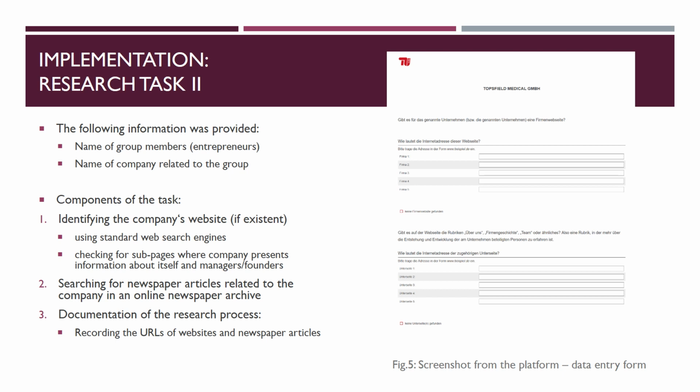Second, it entailed searching for newspaper articles related to the company in an online newspaper archive, and we specifically provided access to a commercial database for this purpose. Third, we asked to document the research process, that is, recording the URLs of websites and newspaper articles used during the research.